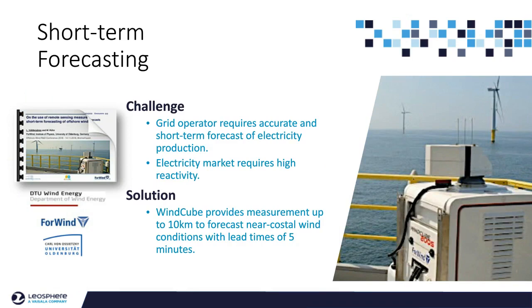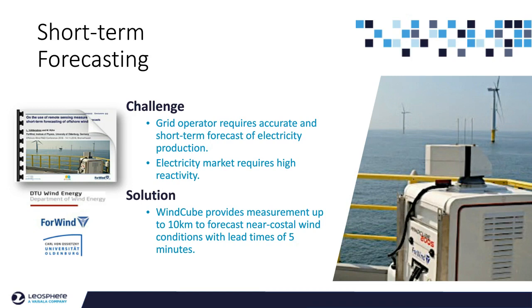Yeah. So for short-term forecasting, we have seen as well an increasing interest in this application. As the share of intermittent renewable energy in the grid grows, the requirement for grid stability becomes more important. So the operators have to have a more accurate forecast of the electricity production, and the electricity market requires high reactivity.